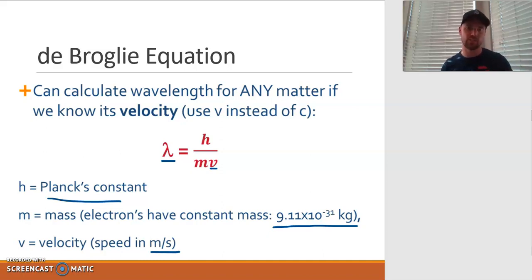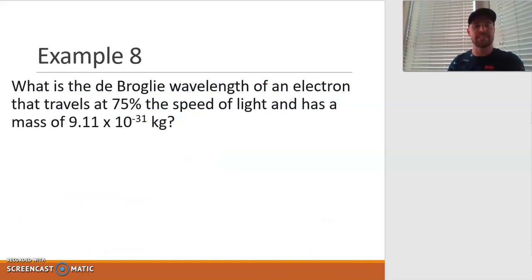We don't even notice it. So we don't really think about humans traveling like waves because it's so small compared to our mass. But when we talk about really, really tiny things, we need to take into consideration that tiny particles such as electrons and protons not only have particle-like properties, but also waves. So let's look at an example where we have to calculate the wavelength of a moving particle.